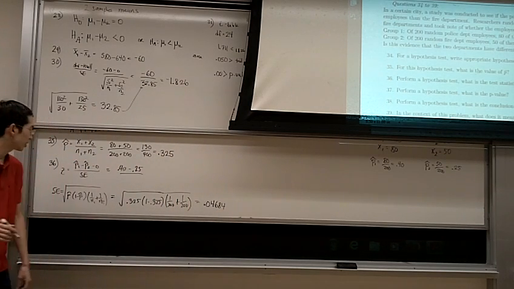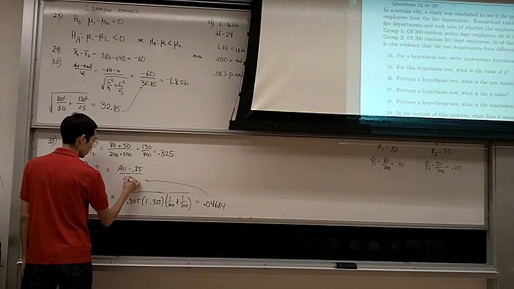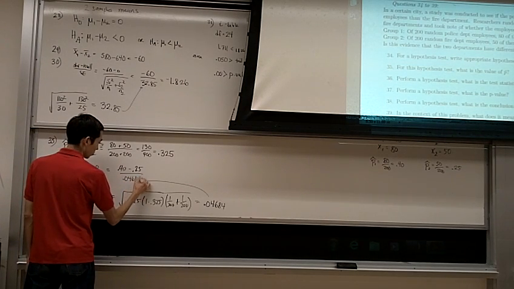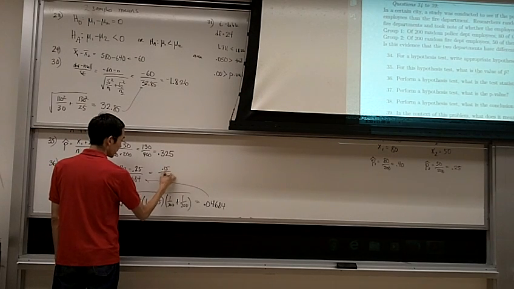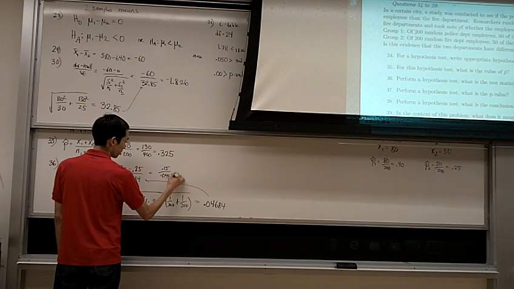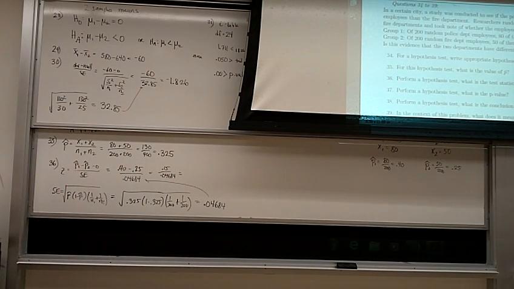That's my standard error, and I'm going to plug that in up here. So my z-score is 0.15 divided by 0.04684, and if I round off to 2 decimal places, I get a z-score equal to 3.20.